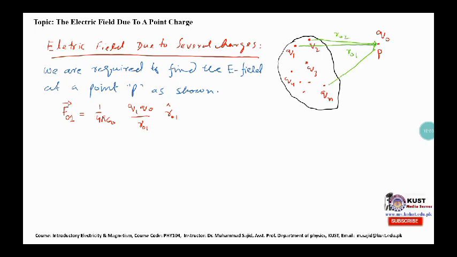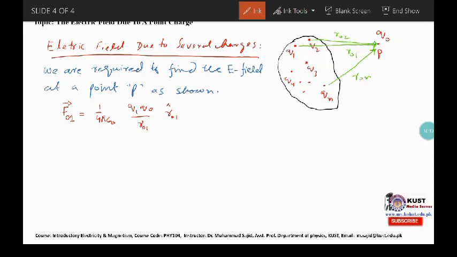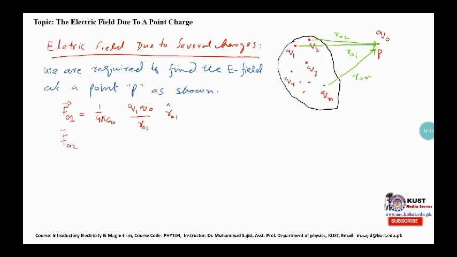For example, from this one it will be r0n. So you can write this force for all the charges separately. For Q2 it will be again the same, Q2 Q0 over r02 squared, and so on. F0n as a vector, the same thing, Qn Q0 over r0n squared times the r0n unit vector.